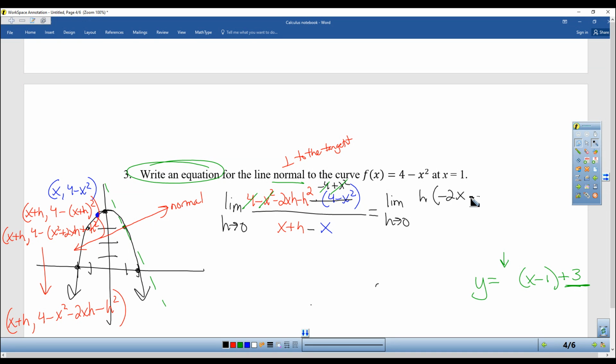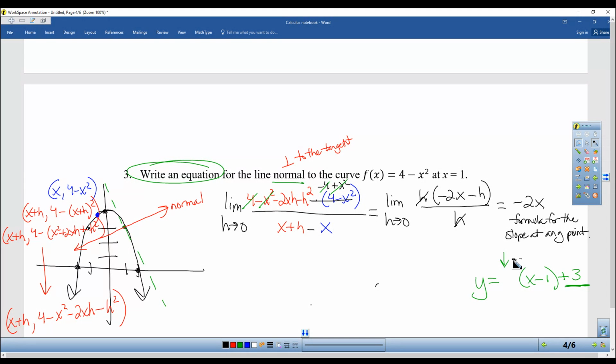Minus 2x minus h, all over on the bottom is just h. Those cancel. And when h is 0, you get negative 2x. Remember, this is a formula for the slope at any point.